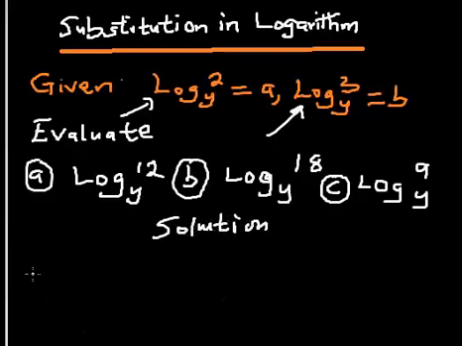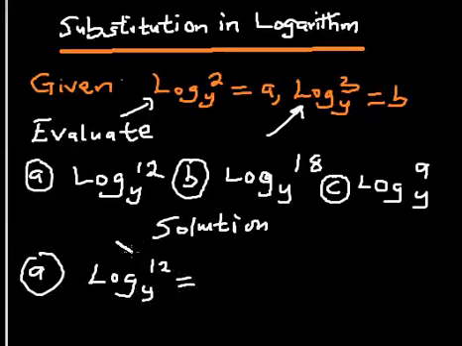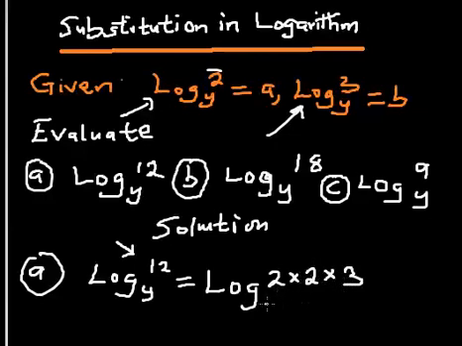Starting with the very first, which is log of 12 in the base of y. How can I express 12 as factors of 2 and 3? It's easy, because we know very well that 12 is 2 times 2 is 4, and of course 4 times 3 is 12, in base y.